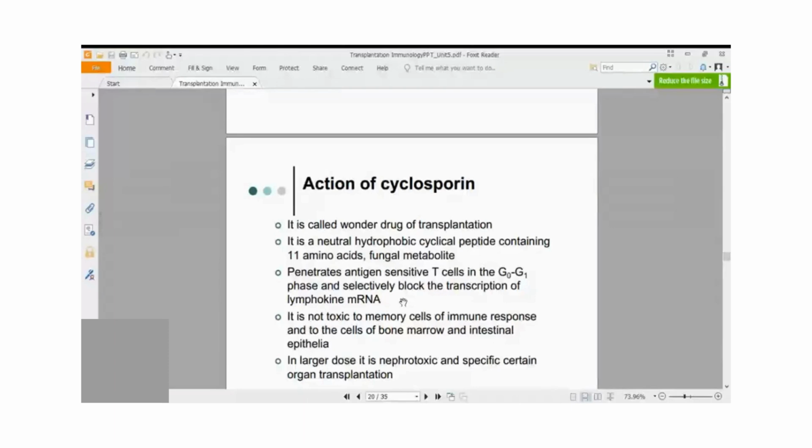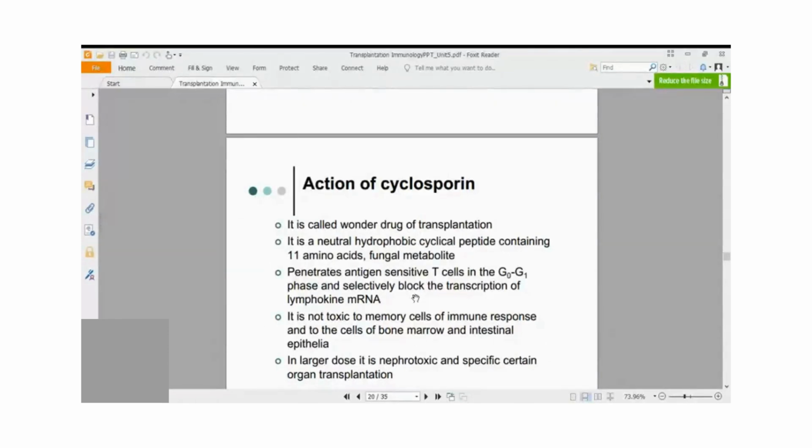So it is observed that the activated Th cell against a particular antigen will be unable to secrete the respective cytokines. Just to recall your memory, Th1 cells secrete IL-2, interferon gamma, TGF beta and TNF alpha. And the Th2 cells will secrete IL-4, IL-5, IL-6.